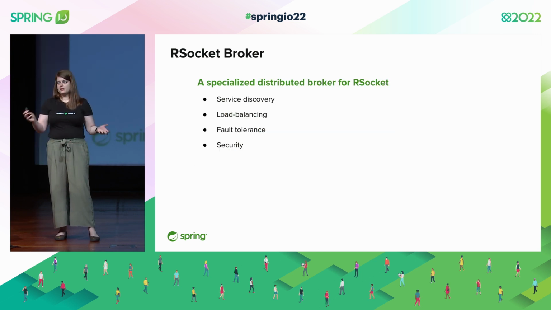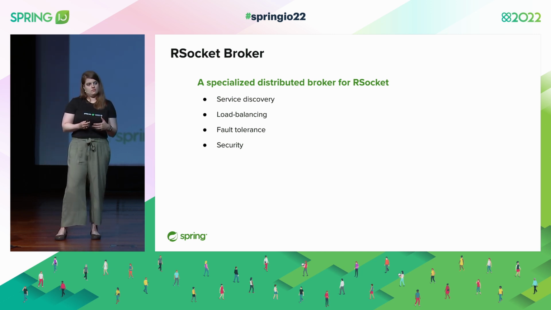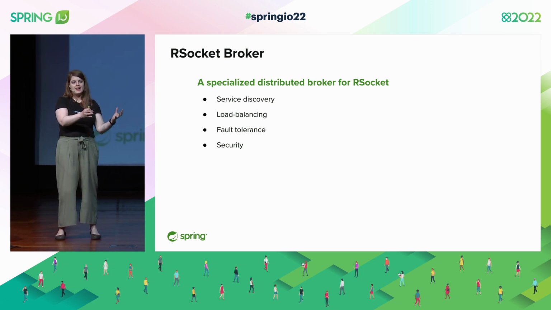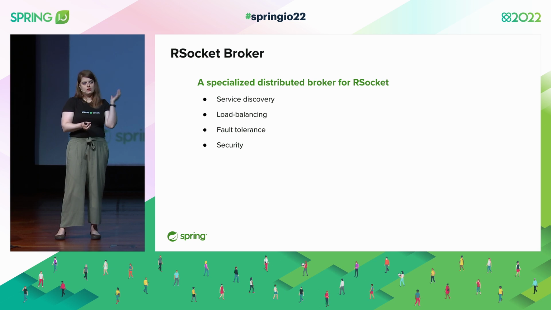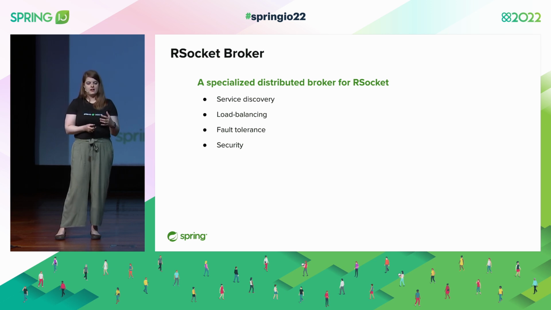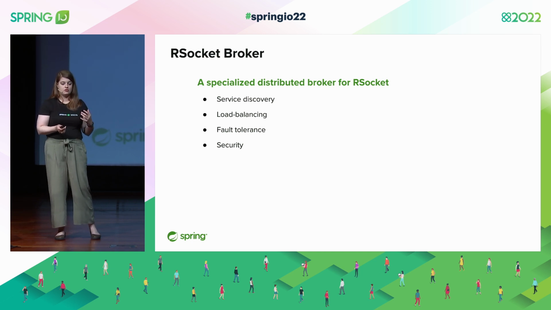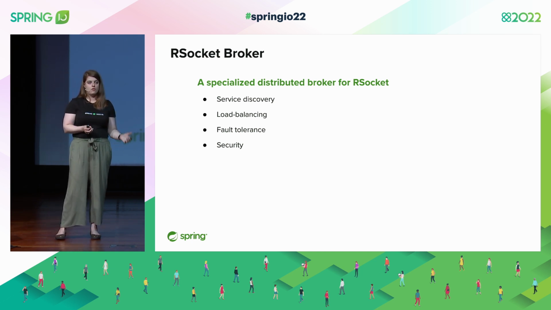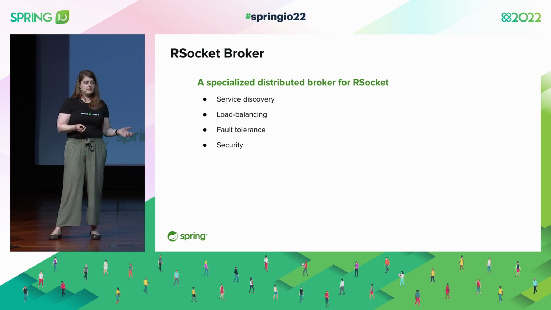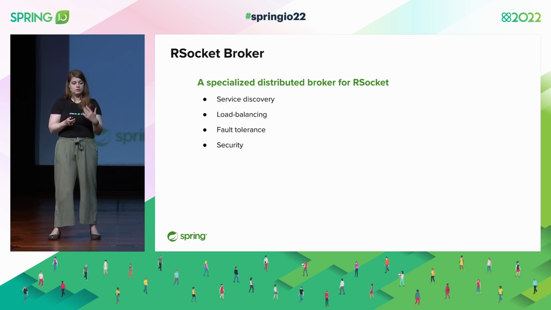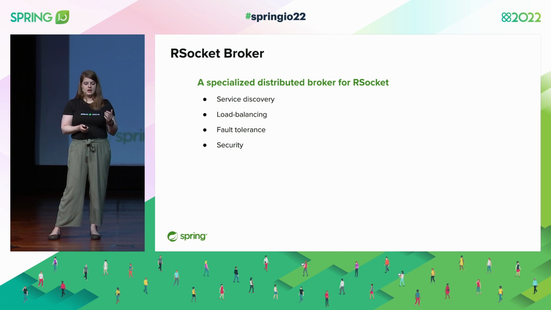And the Spring Cloud team, along with the Reactor team, has also started some time ago working on something that would bring the highly popular gateway model to RSocket. And that is the RSocket broker. It is a specialized distributed broker for RSocket, and it takes care of concerns that we often have, such as service discovery, load balancing, fault tolerance, and security in one simple model.